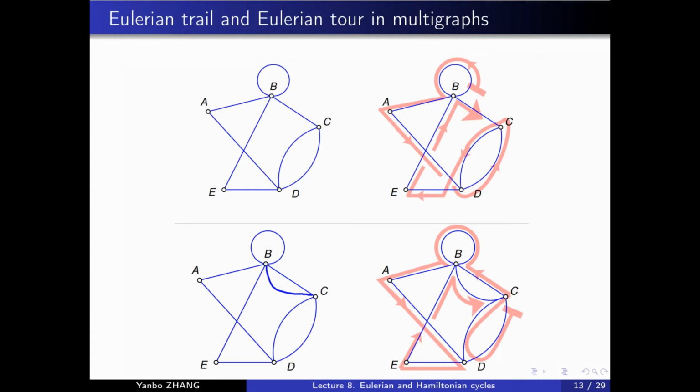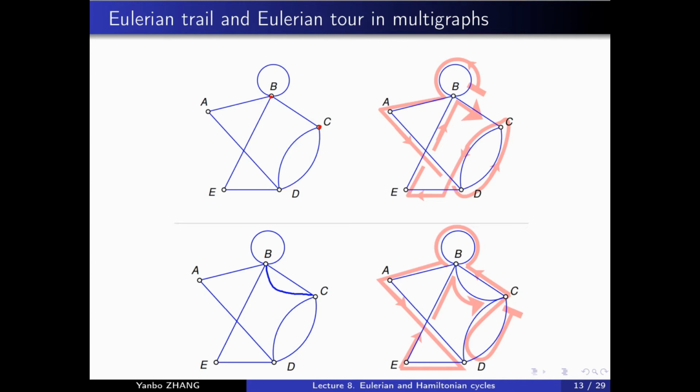Here the graphs on this page are not simple graphs, but multigraphs. We can also find an Eulerian trail or Eulerian tour. In the first graph, there are exactly two vertices, B and C, with odd degrees. The degrees of A, D, E are even. Thus, it has an Eulerian trail.